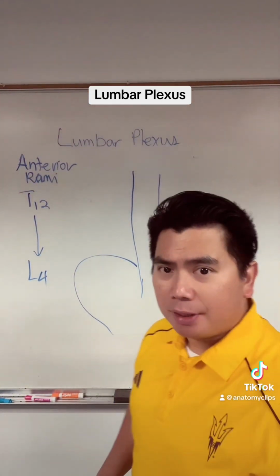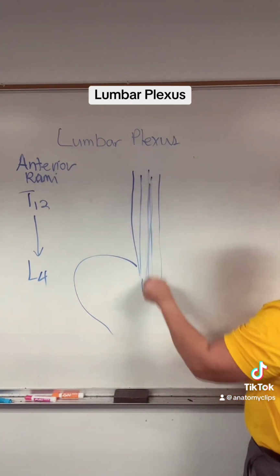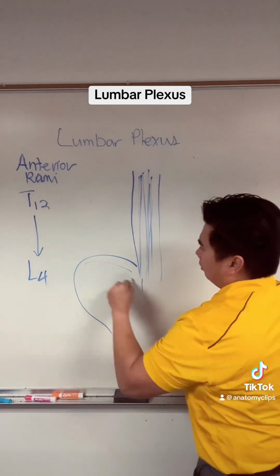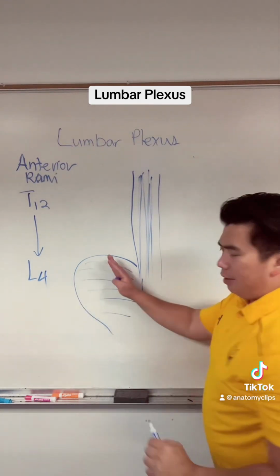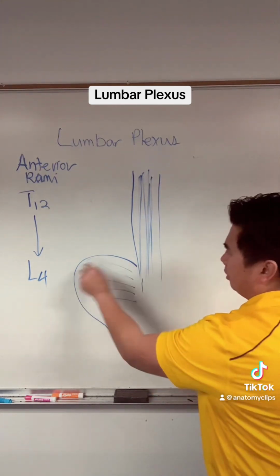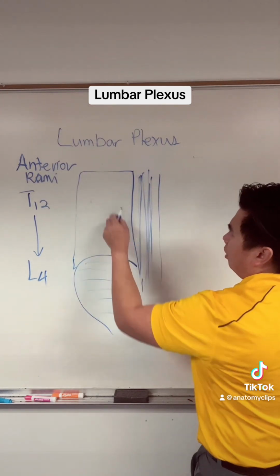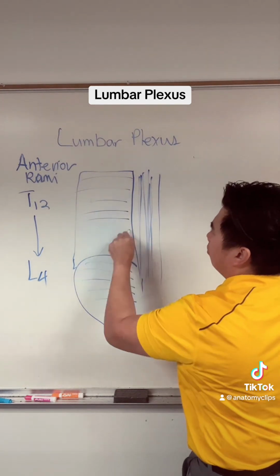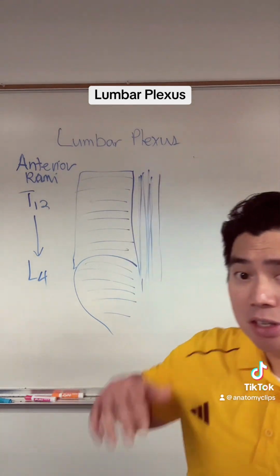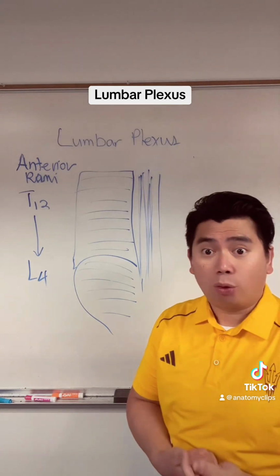Okay, you guys see that? So the psoas major is kind of like this long loin that goes up and down. And then we have the iliacus muscle toward the iliac fossa by the iliac bone, the ilium bone. And then kind of behind that, we will have this square muscle called the quadratus lumborum. And then we will have those 6 nerves coming out of different parts of the iliopsoas muscle group.